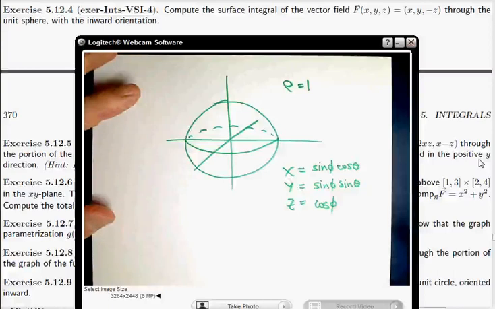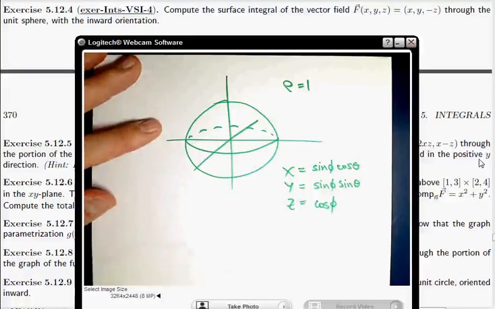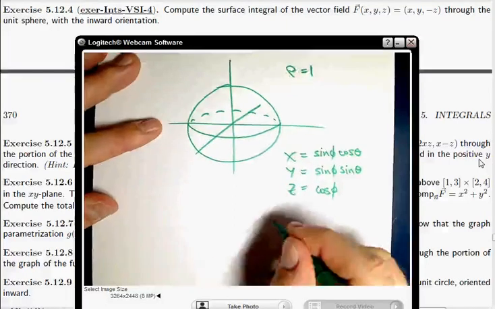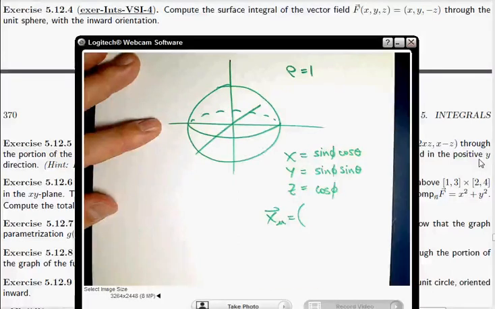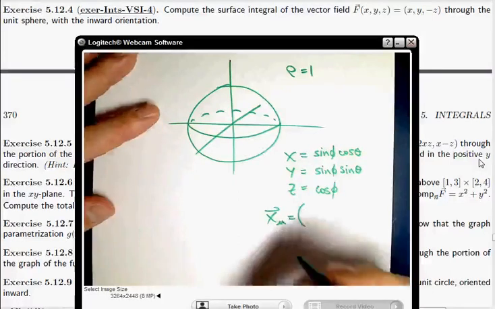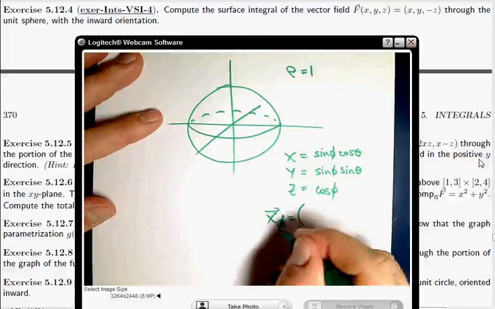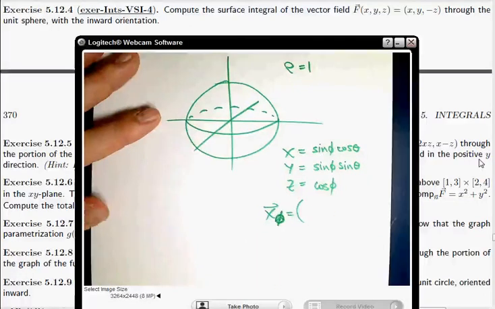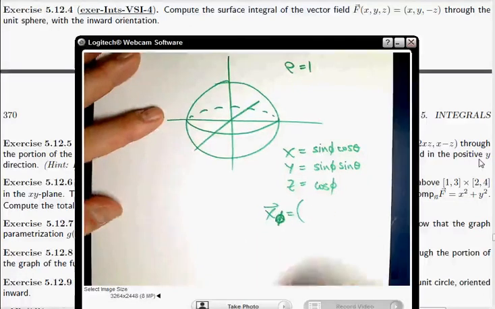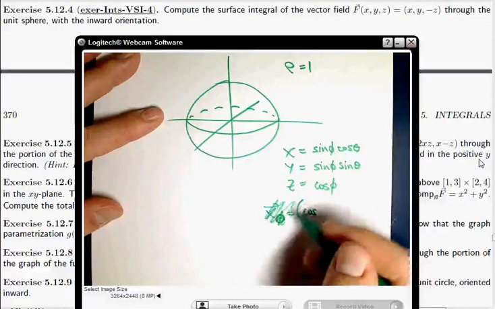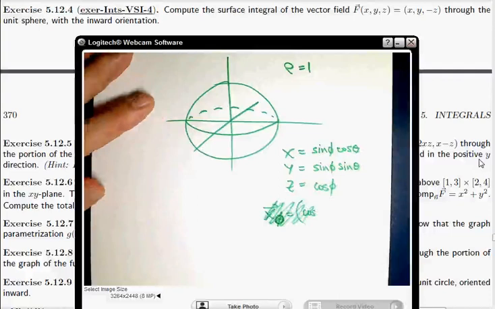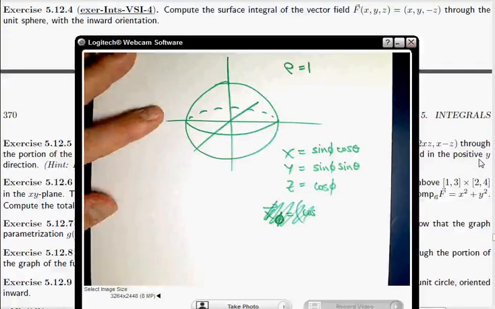So with that parameterization, let's write down our vector field. Well, let's see, wait a minute. We better find our normal vector first. So x phi, let's call it. So we take the partials with respect to our two parameters.